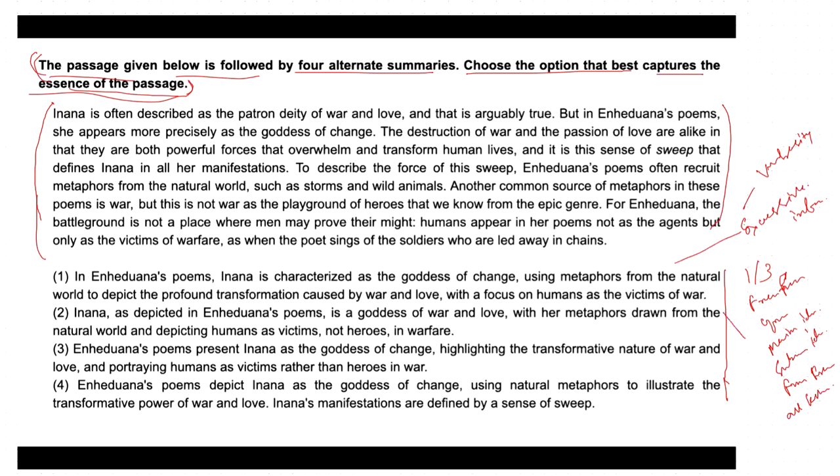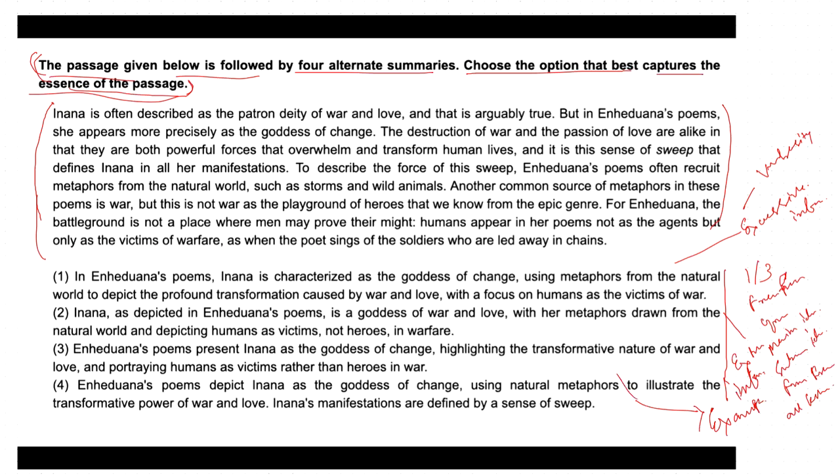Second, any option which provides extra information cannot be pointed to as a summary. Any option which provides examples can also be eliminated. Now let's move to this particular summary based question and try to draw the appropriate answer choice.